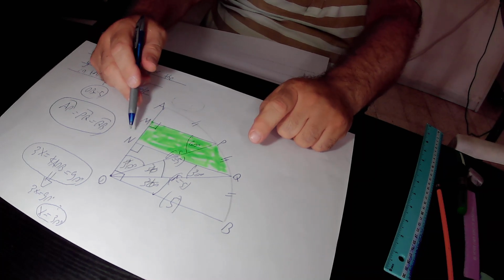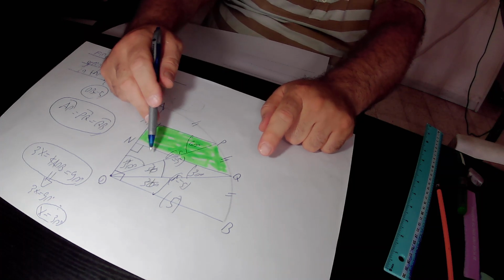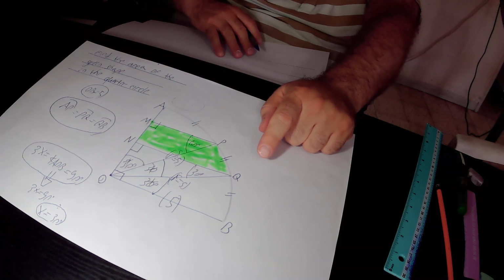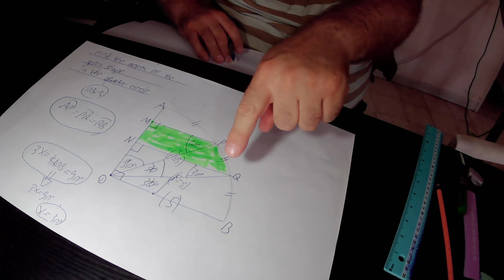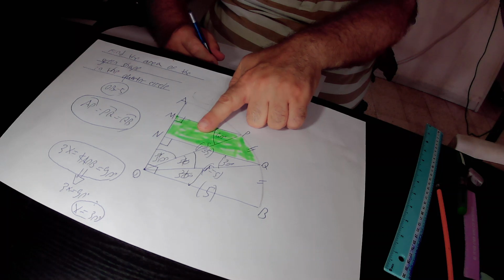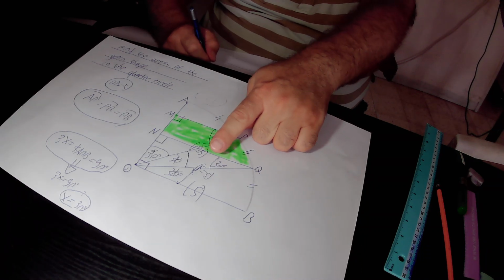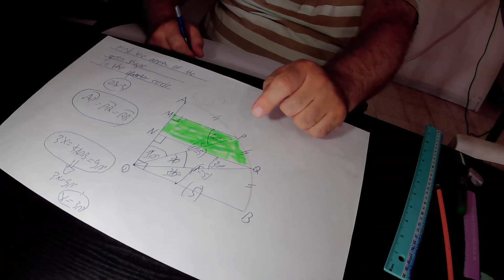That is to say, the area of the right triangle NSO plus the area of triangle SOQ. So I write it down.